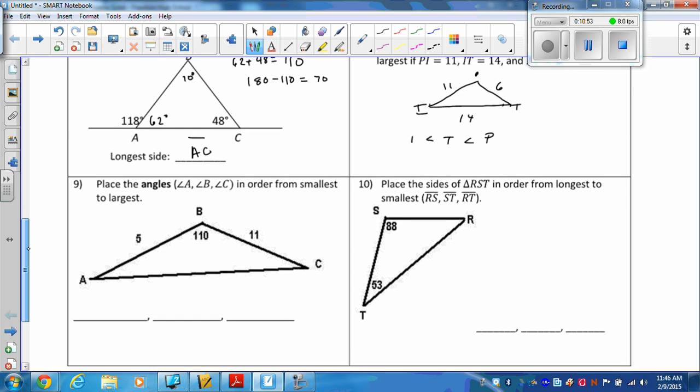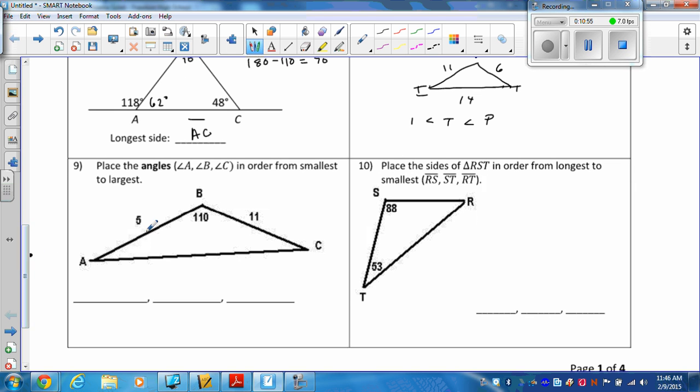Okay, number 9. Place the angles in order from smallest to largest. So this angle is obtuse, so this is going to be the largest angle, angle B. This side is the shortest, so C is going to be the smallest angle, and the one that's left is angle A. And again, I knew that B was the biggest because this is an obtuse angle, so these two both have to be acute.